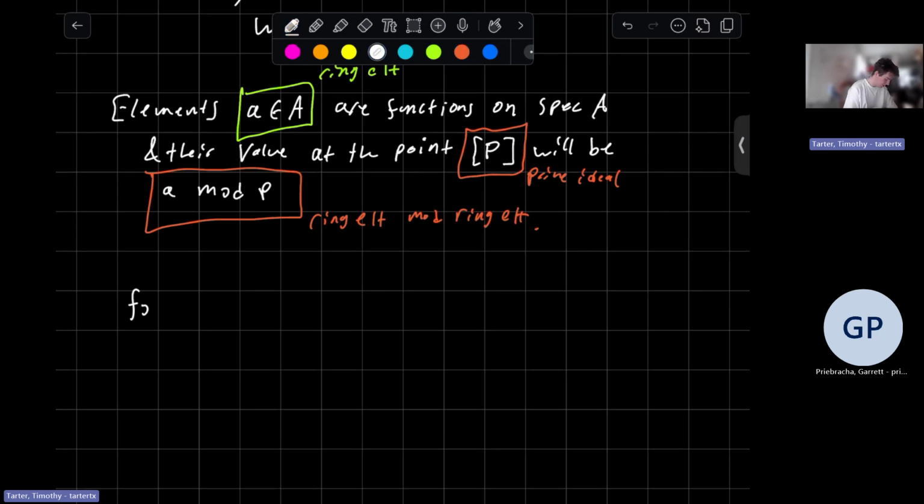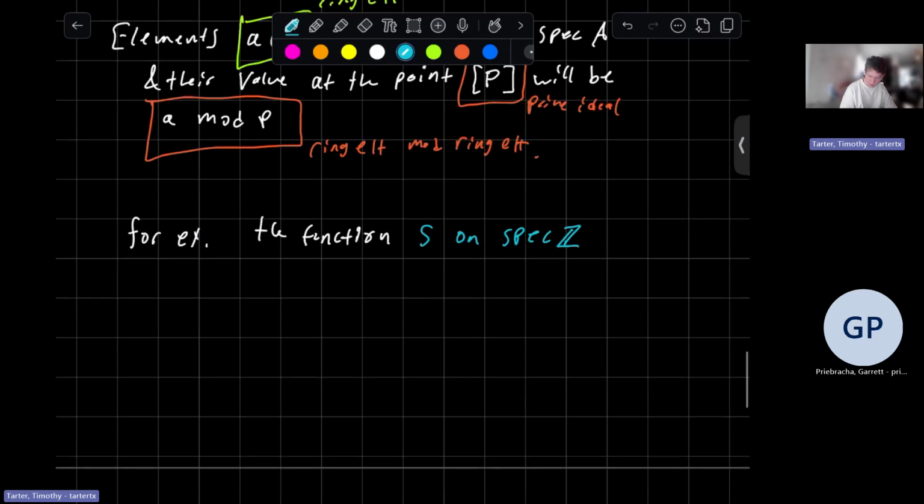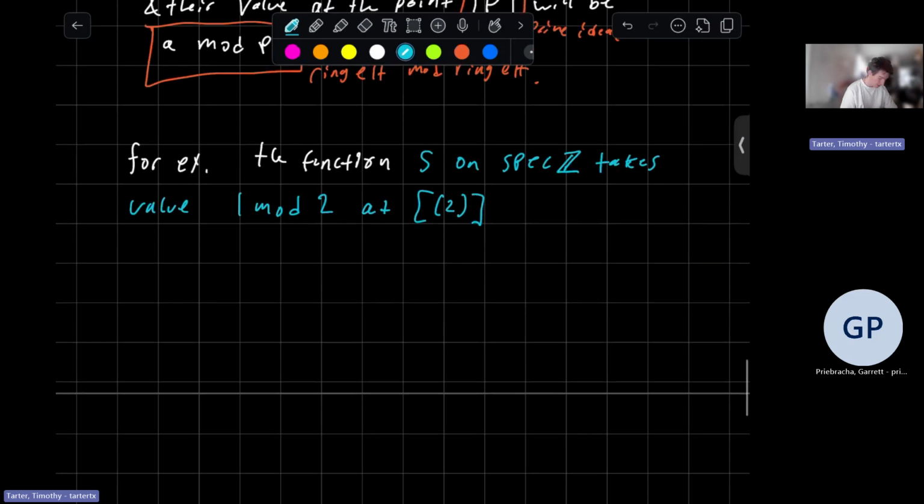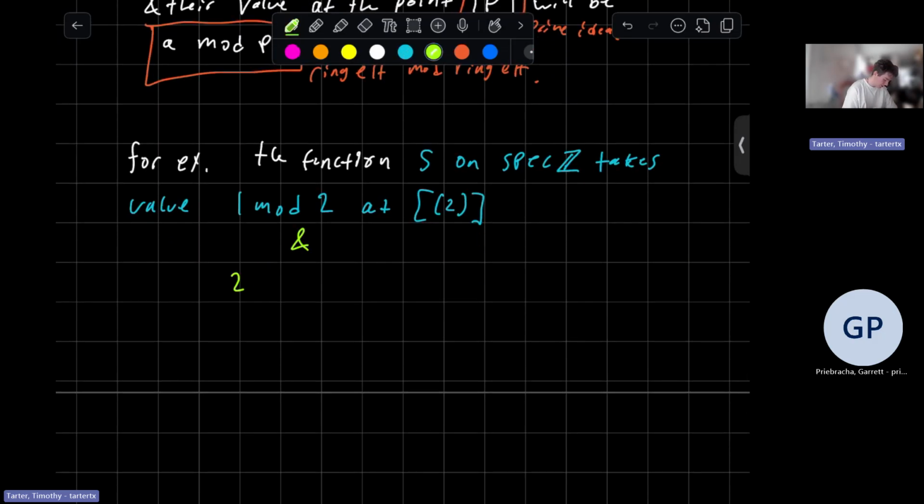So for example, the function 5 on spec Z takes the value 1 mod 2 at the ideal generated by 2 and 2 mod 3 at 3.